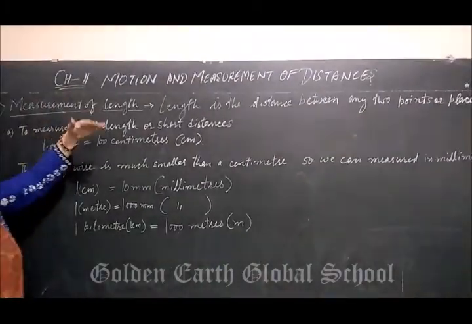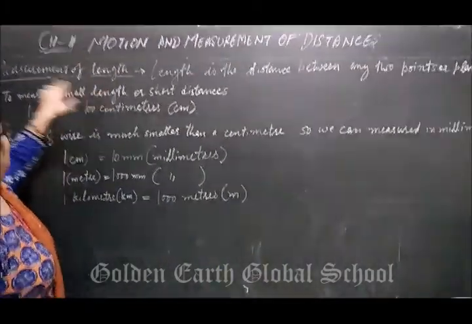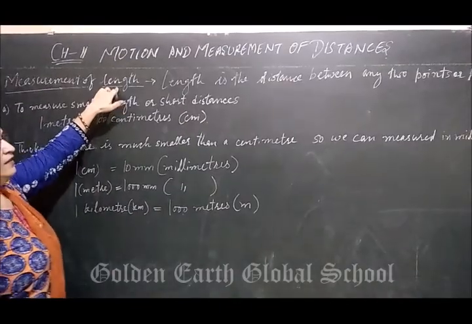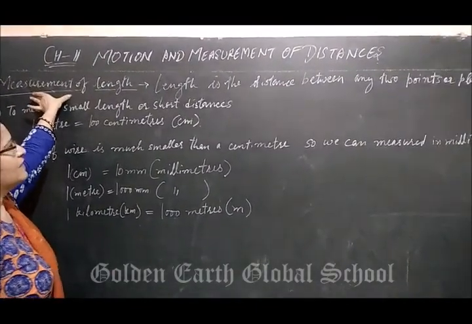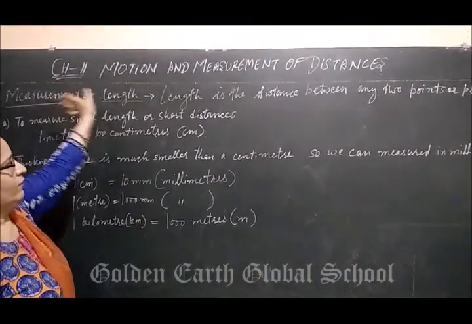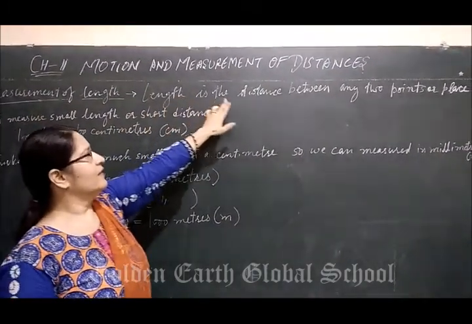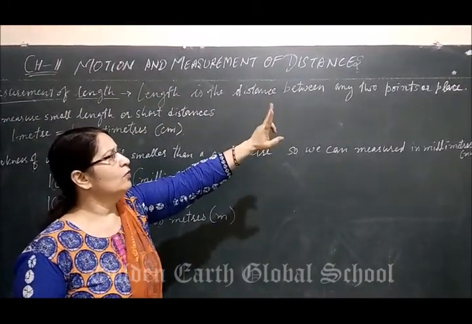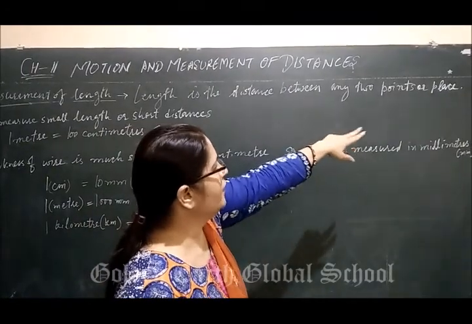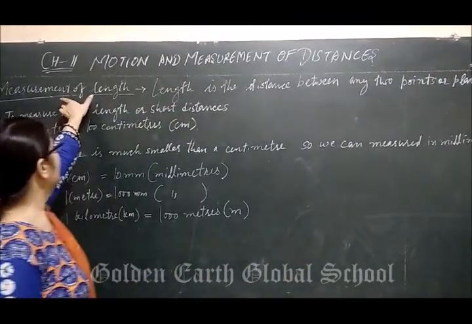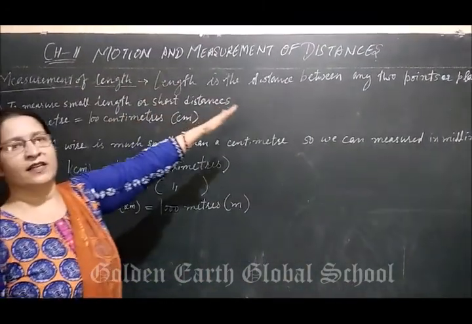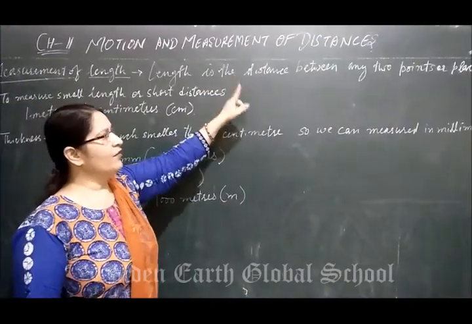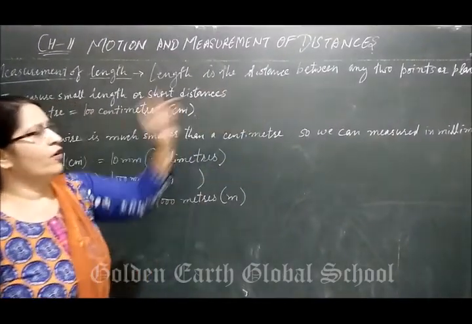So now we are doing measurement of length. How can we do the measurement of length? First of all, we know that length is the distance between any two points or places. What is length? Length is the distance between any two points or places.